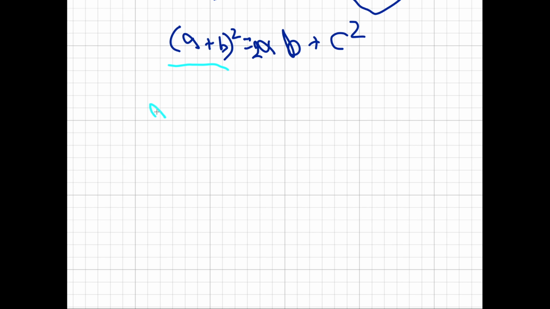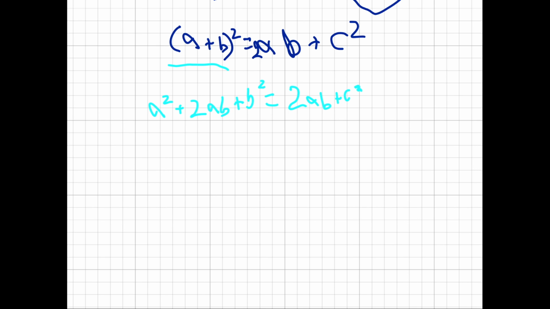Well, that's going to be a squared plus 2ab plus b squared, right? And if you don't know what I'm doing here, you should check out my video on factoring, or FOIL. And that is equal to 2ab plus c squared.